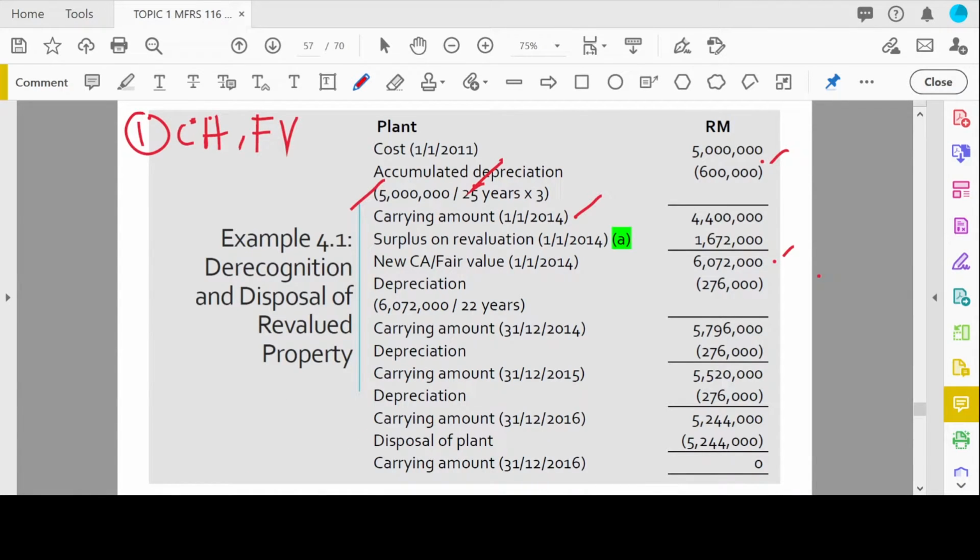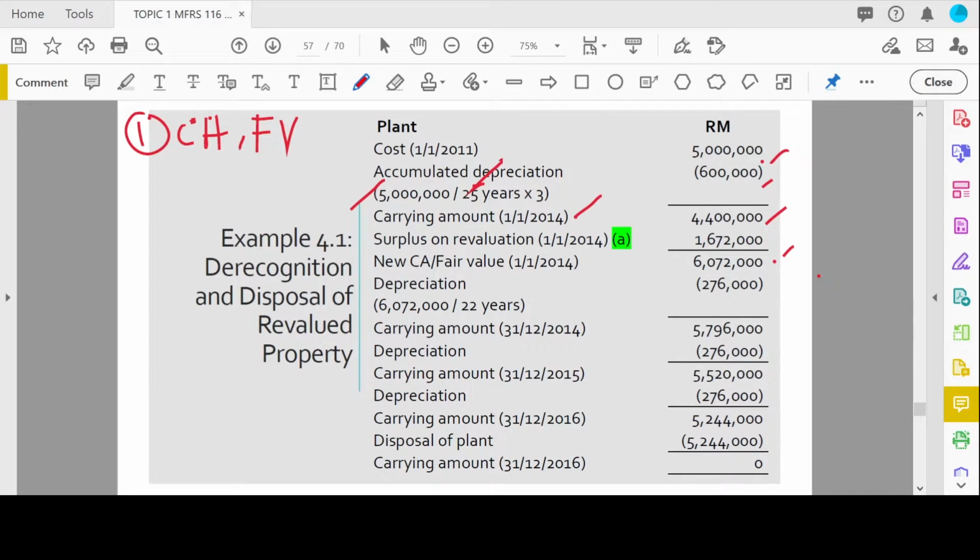From year 2011, 2012, and 2013, so 3 years. Therefore, 5 million divided by 25 times 3 is equal to 600,000. The carrying amount on 1st January 2014 is 4.4 million.